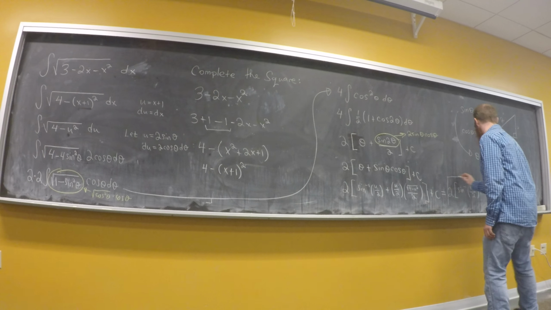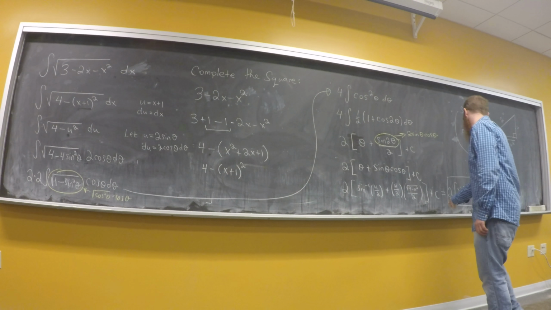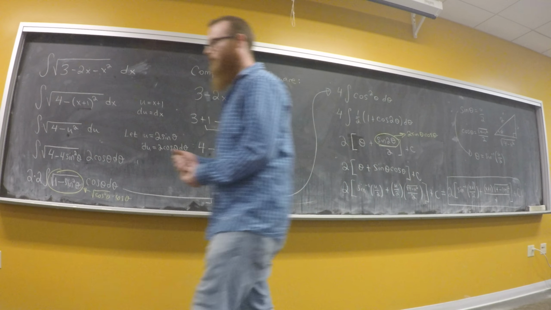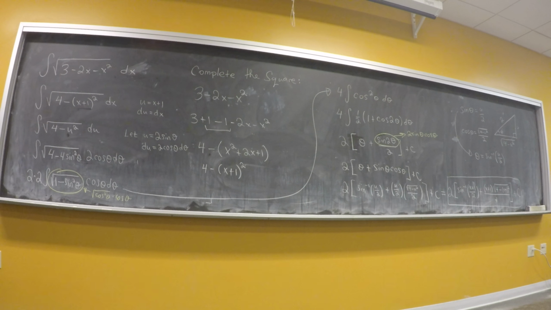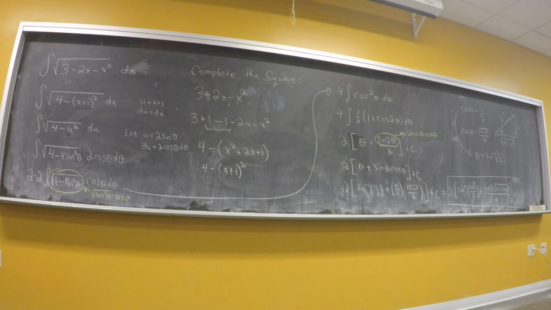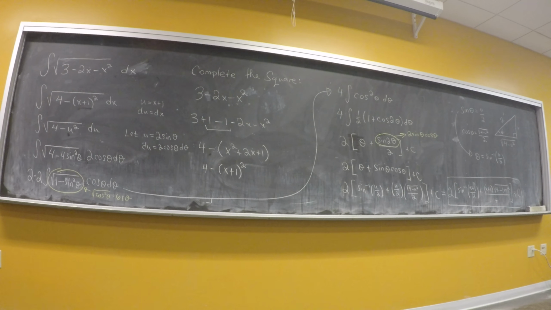And we're done. So yeah, these are good examples to pay attention to because it's again manipulating the integrand to get it into a form where now I can use a trig sub, right?